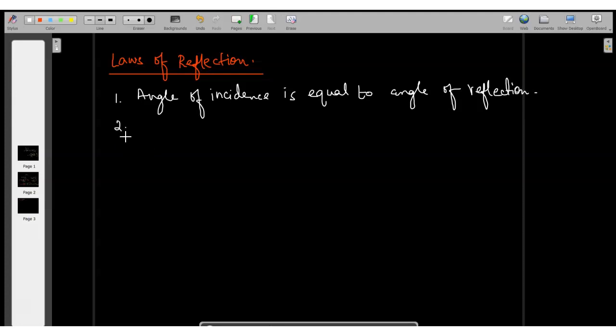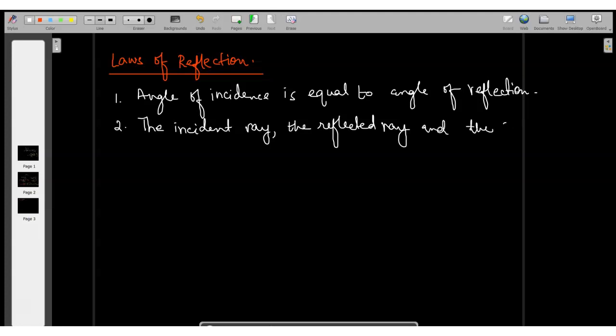And another law of reflection is the incident ray, the reflected ray, and the normal at the point of incidence all lie on the same plane.